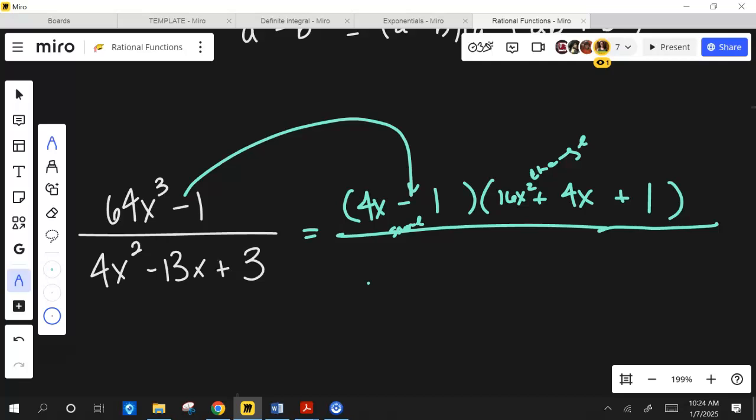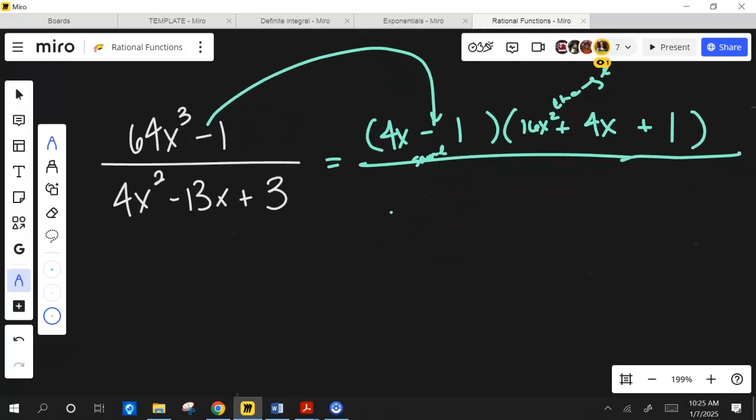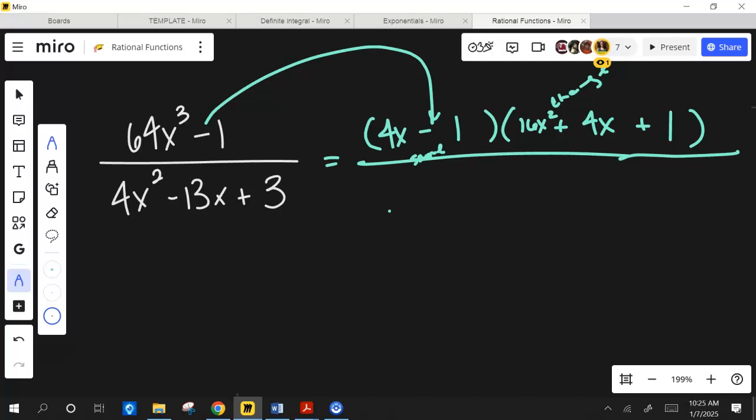Is it a special pattern? Nope. Can I take out a GCF?